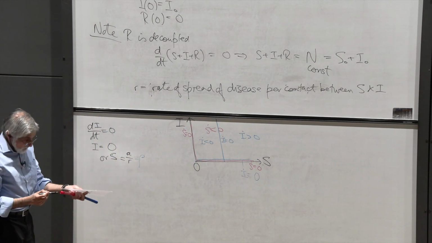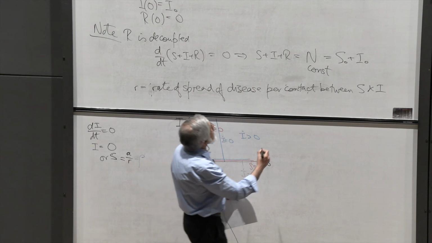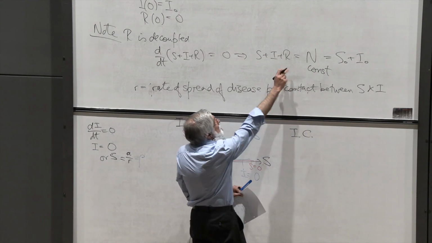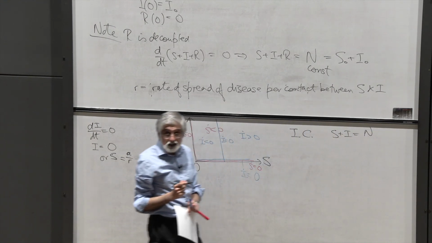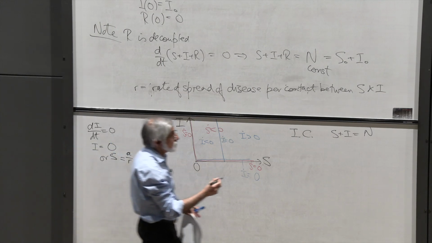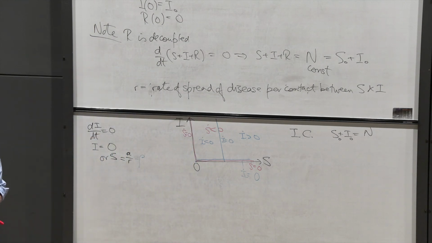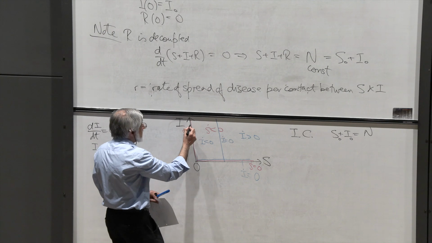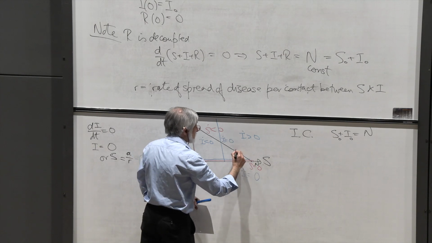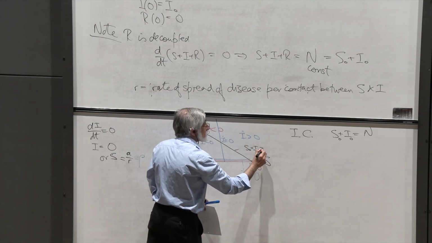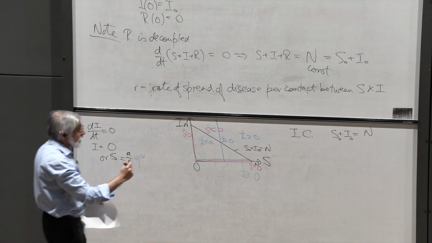Okay. So now the question is, what's our initial condition? So initially, since R is 0, S plus I equals N, which means that the initial conditions must lie on this line. So suppose this line looks like this, and then suppose we start here.